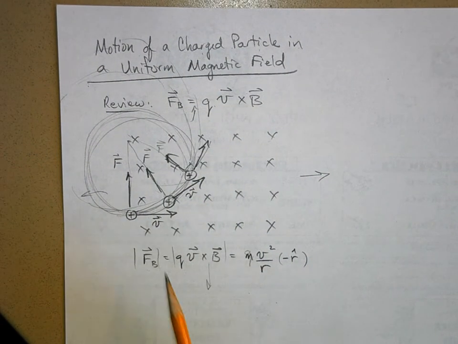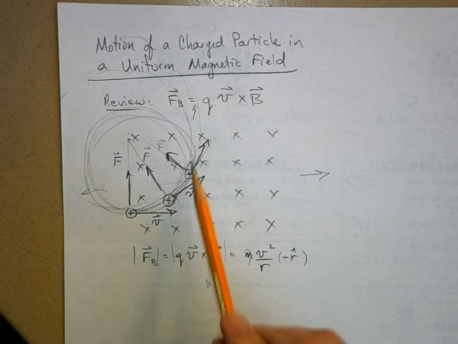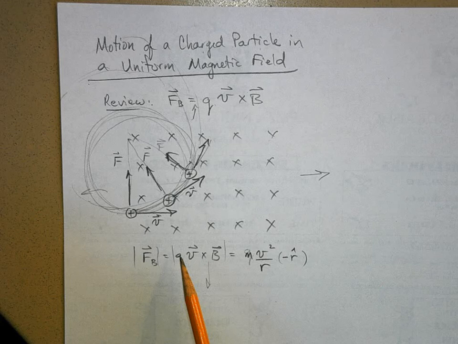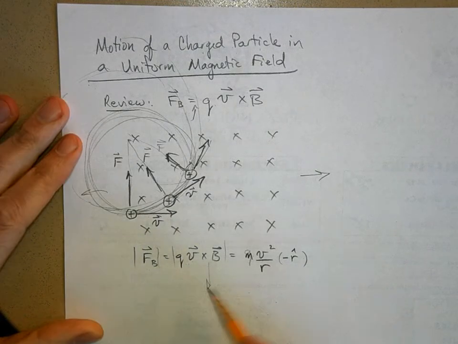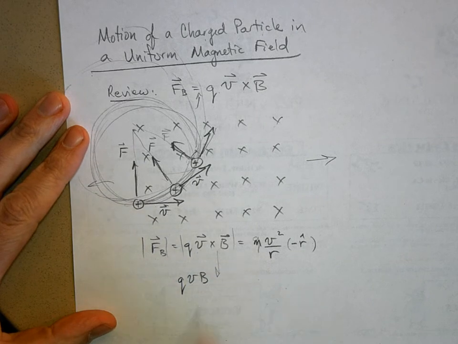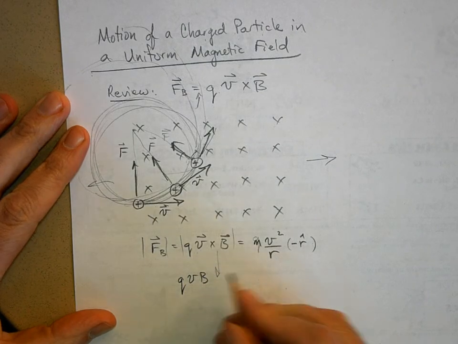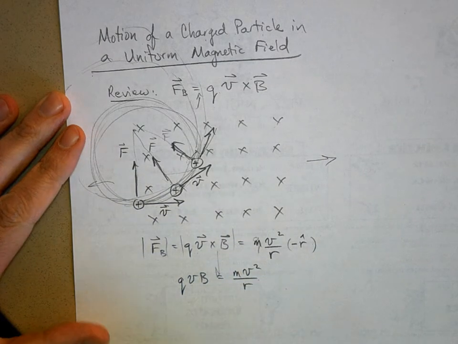So now let's assume that our velocity is perpendicular to our magnetic field, and so I don't have to worry about the cross product with the sine theta or anything like that. So let's just say the magnitude of the force is QVB, and this is going to be mv squared over r.